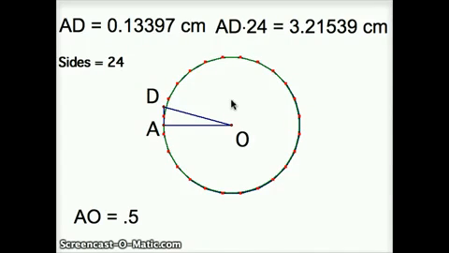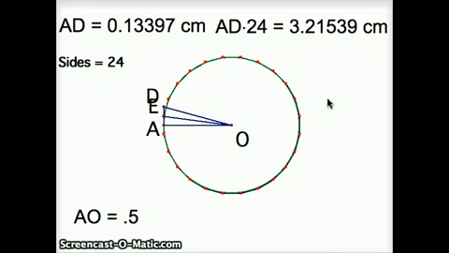Now to get the length of half of one side of the 24gon, that's calculating the length of AE. We already know the length of AD is 0.13397, and we know that AO is 0.5. And we also can calculate the size of OD, which we're going to need.